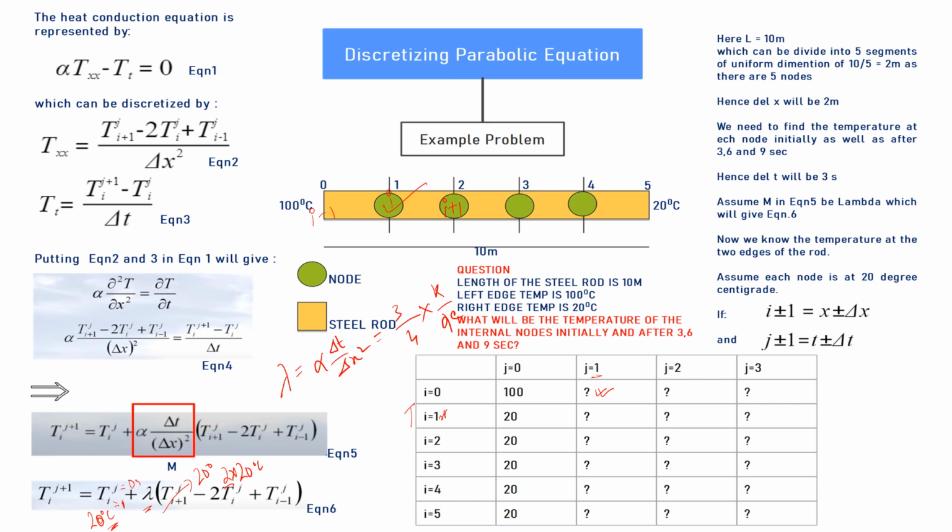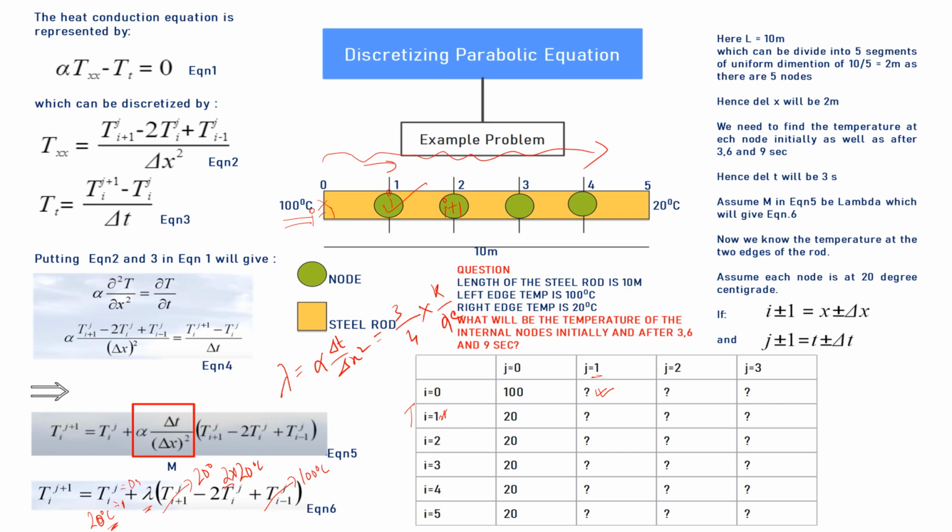However, this Ti minus 1, that means the temperature at this node, this is i and this is i minus 1. So this side is positive, this side is negative, because it is flowing from this part to this part. So this is i minus 1, which is known as 100 degrees centigrade. So if I see, this is 20 degrees minus 40 degrees, that is minus 20 degrees plus 100 degrees centigrade.